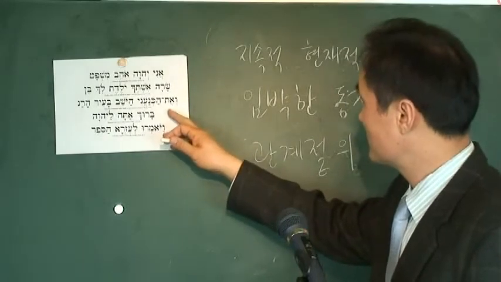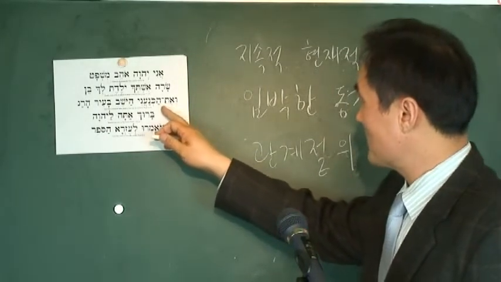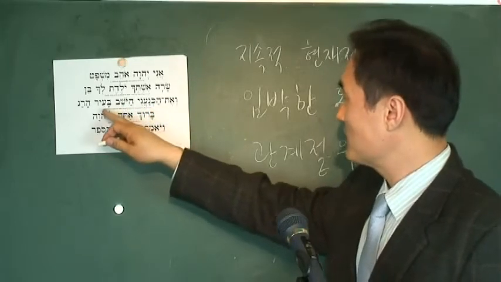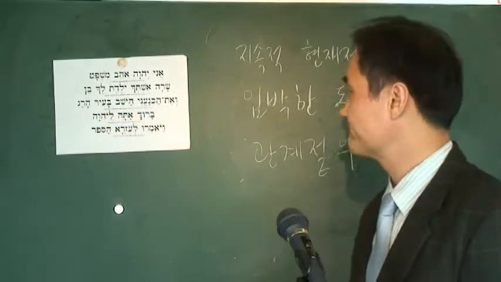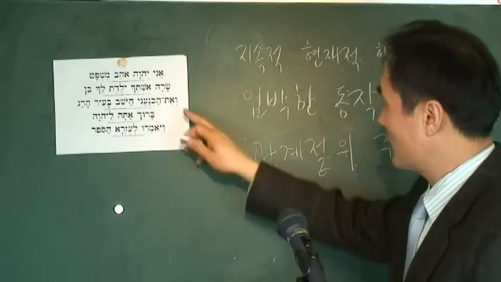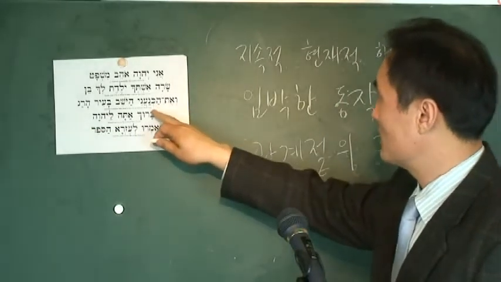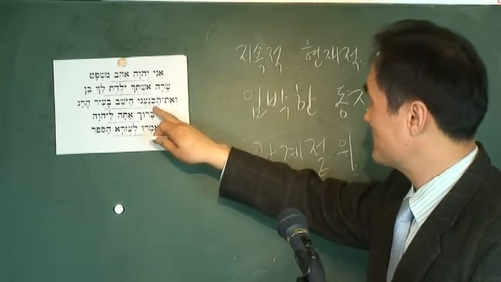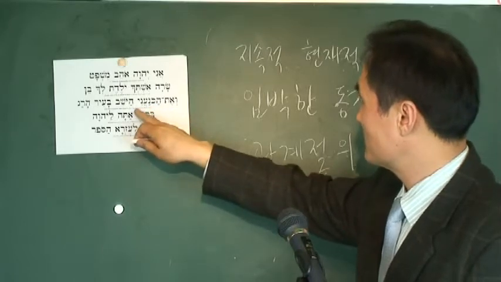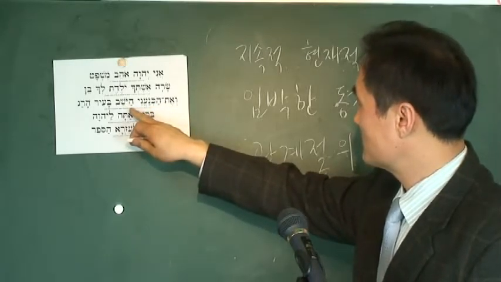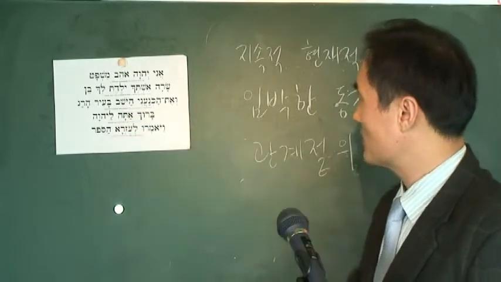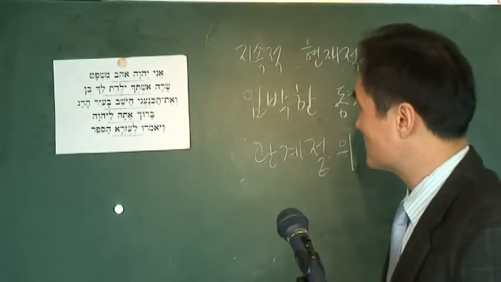Let's look at the third sentence. Ve'et hakena'ani hayoshev ba'arets harag. This means he killed the Canaanites who were living in the land.